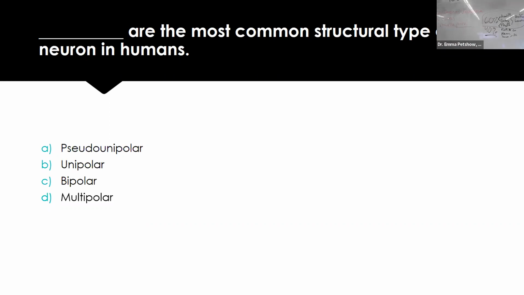Those are the same answer, so since there's two of the same thing, you could have eliminated that one. Bipolar, the least common. Multipolar, the most. If I included interneurons, which would we have changed our answer or kept our answer the same? Changed it to interneurons. Those are the most common type of neurons that exist in the body, but multipolar with these answers given was the correct answer.